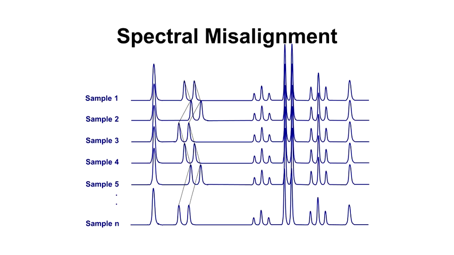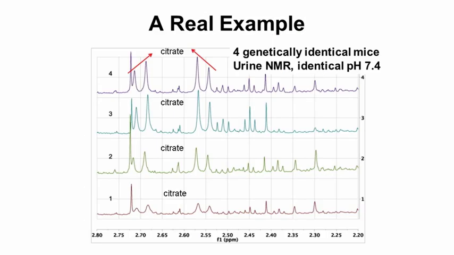Now, this really does occur, and this is a real example of a urine sample where we're looking at citrate. Citrate is characterized by two doublets, one at about 2.35 ppm, one about 2.7 ppm. We're looking at 4 samples, from genetically identical mice, their urine, at essentially identical pH, 7.4. But if you look closely, you can see that these doublets are shifting relative to each other.